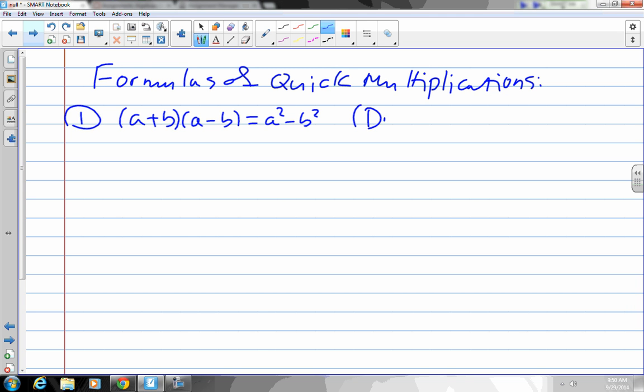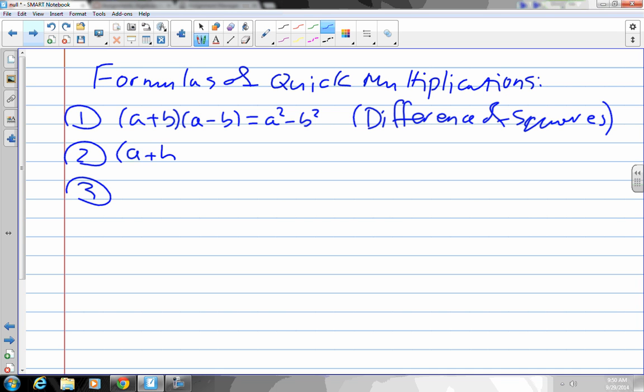So that's the difference of squares. And we had two more, the perfect square trinomials. We put down a plus b squared equals a squared plus 2ab plus b squared. And a minus b squared is a squared minus 2ab plus b squared.